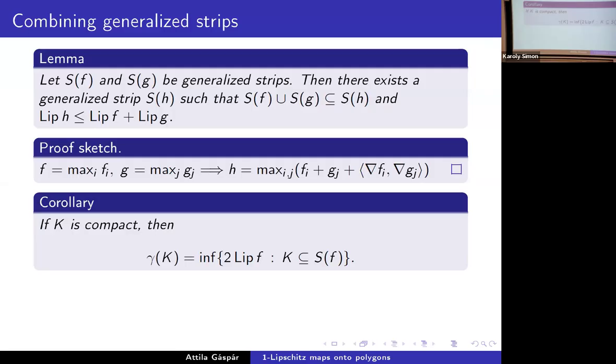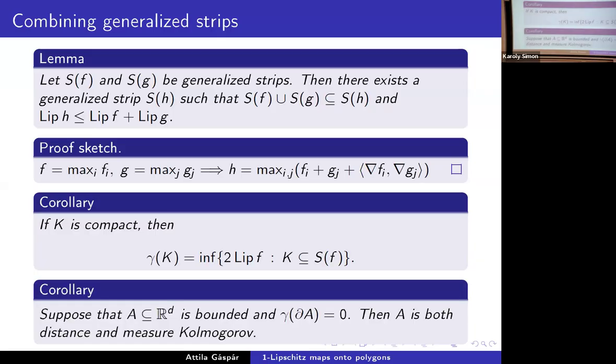And from this statement, we have the following corollary: if the boundary of the set is gamma null, then it is both distance Kolmogorov and measure Kolmogorov. Since the boundary is compact, we can cover it, using this previous statement, by a single generalized strip of small Lipschitz constant.